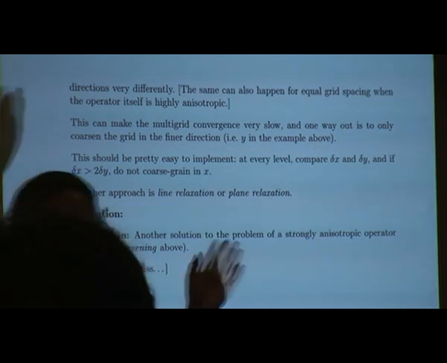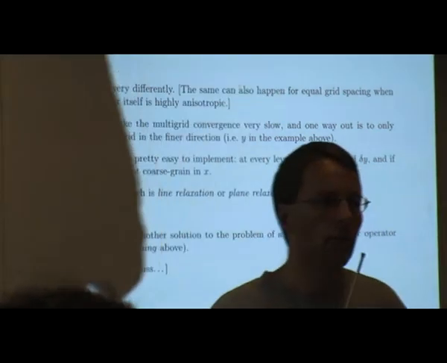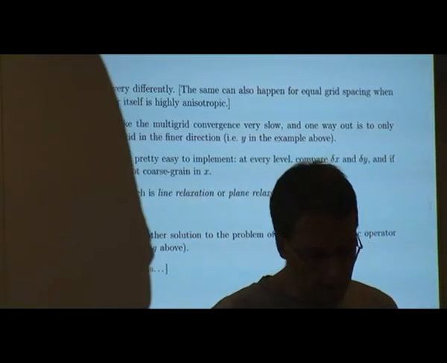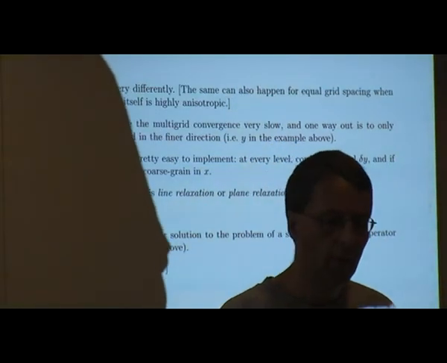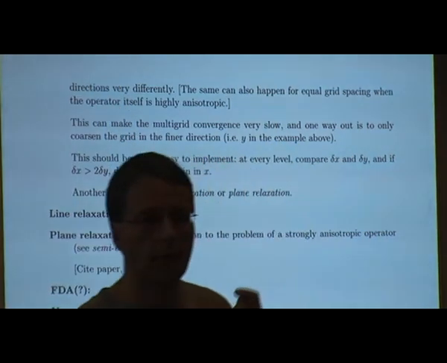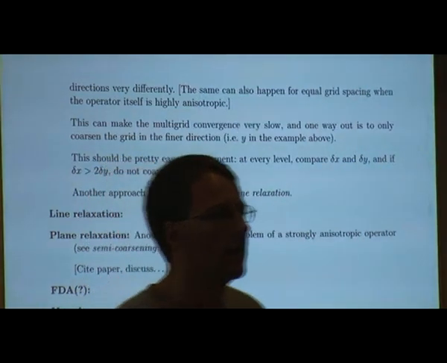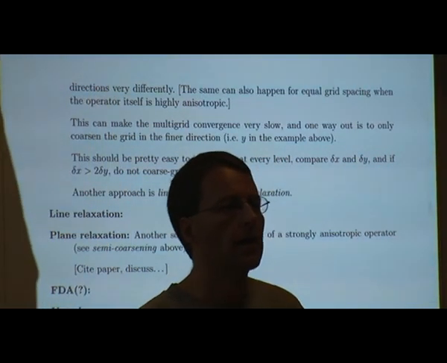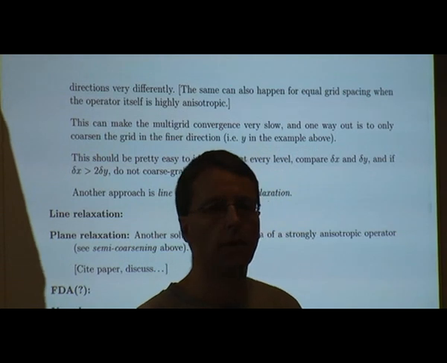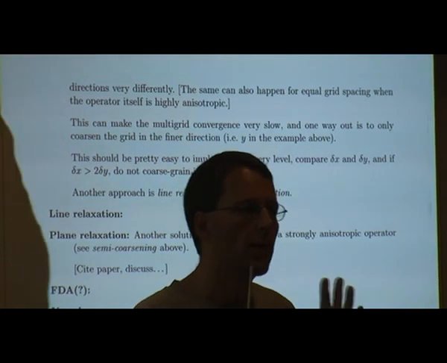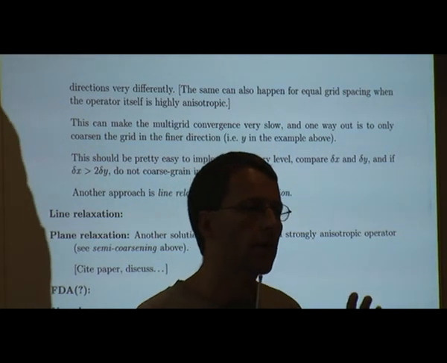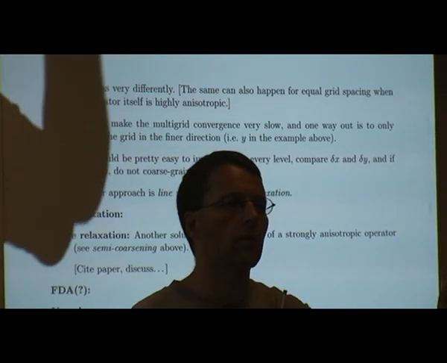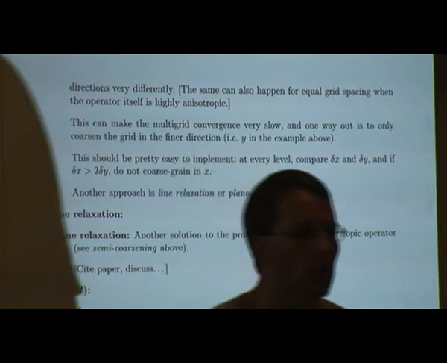So I would be astonished if that was very clear by how I explained it. But basically the message is this: line relaxation or plane relaxation can be done, and it is conceptually the same as the whole method, and it can be relatively easily incorporated. It's just that you treat the dimensions differently. You first do something in a plane, and then you move on to the next plane. Basically, that's all there is.